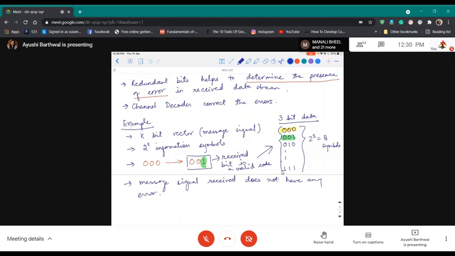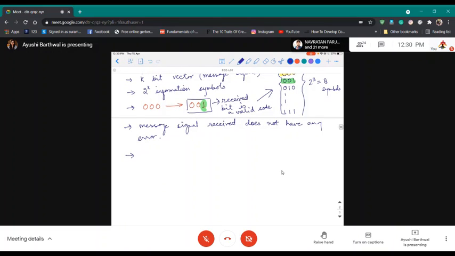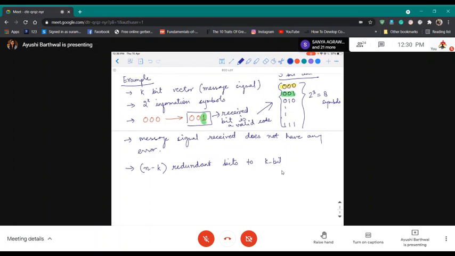So what do we do in that case? We add n minus k redundant bits to the k-bit message sequence.